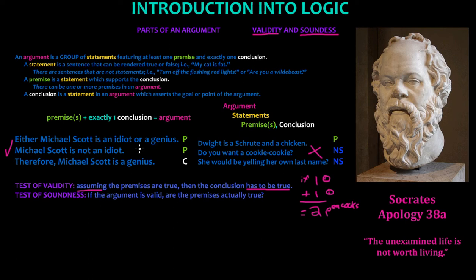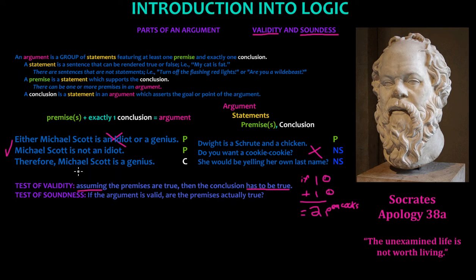We are assuming that is a fact. The next premise is Michael Scott is not an idiot. So we are also now assuming that Michael Scott, for a fact, is not an idiot. Now, the conclusion is saying, therefore, Michael Scott is a genius.